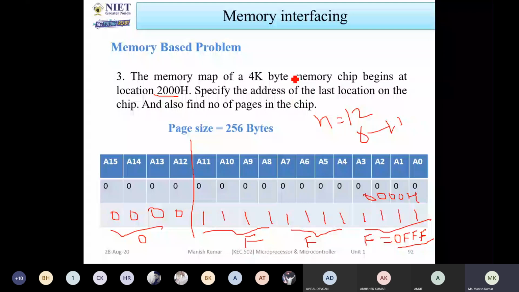This is the initial and final value of the memory location which I have, but I am not able to connect before with 0000 to 0FFF since these lines are already busy with some other components. So I have to connect with the starting range of 200H. So what is the final value?